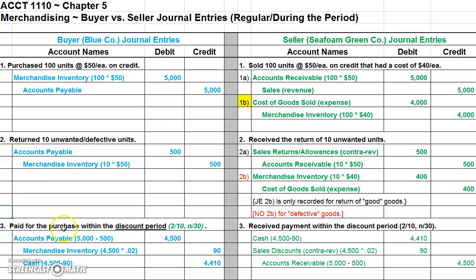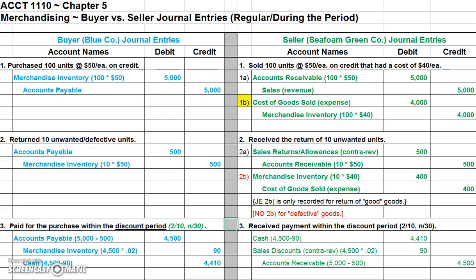Now, journal entry number 3, we're going to pay for the purchase within what is called the discount period. I wrote the discount period credit terms in green because it is the seller that gets to determine the discount terms or the credit terms. This seller offers 2/10 n/30 discount terms.